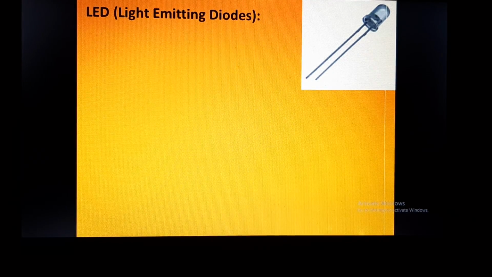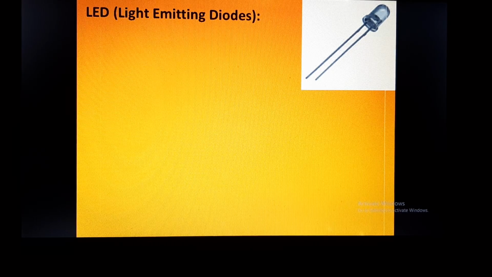Next we will be discussing LED, light emitting diodes. So till now we have discussed that the tester has one bulb in it which glows if electric current is passing through. A normal or ordinary bulb glows only if good electric current is passing through or high voltage is there.